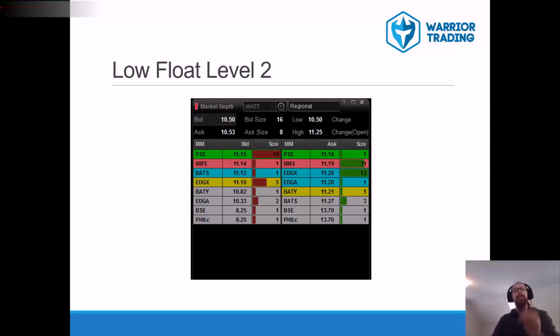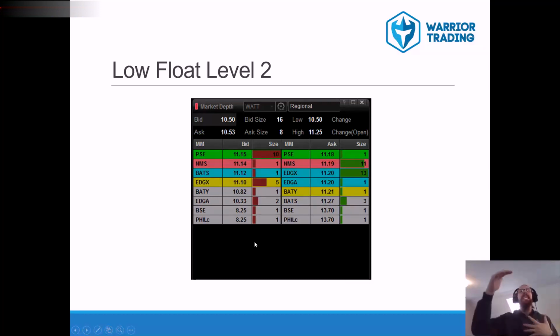All right, now a stock that has a low float will also have a slightly different level 2. The level 2 is going to look different because you're usually going to have a bigger spread. This stock has a 3-cent spread right now. And this stock could very, very quickly, with only 100 shares for sale here, and only 1,100 here, and only 1,300 here, it could very quickly go from 18 to 20 to 21 to 27 and possibly higher. Likewise, if it drops, it could drop back down to 11 or 1082 very, very quickly.